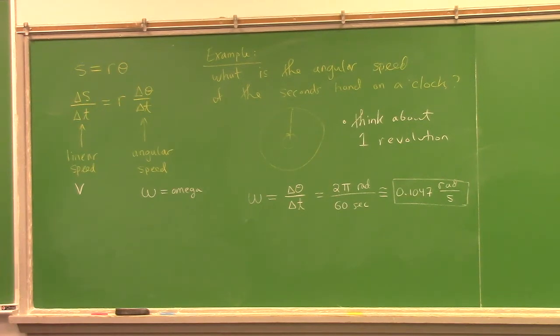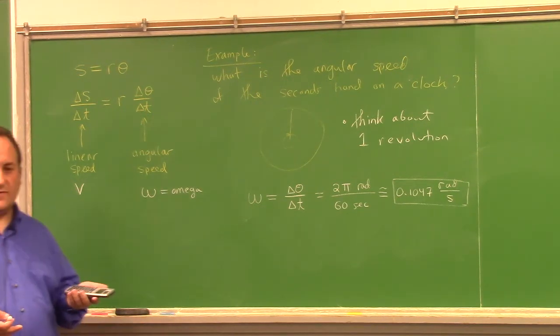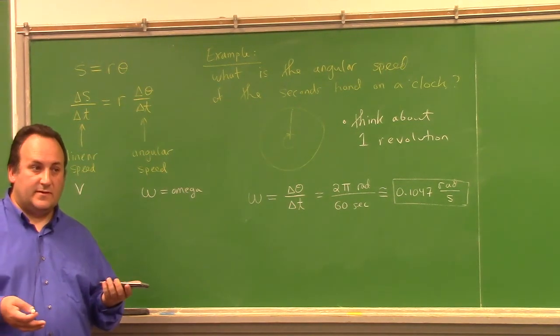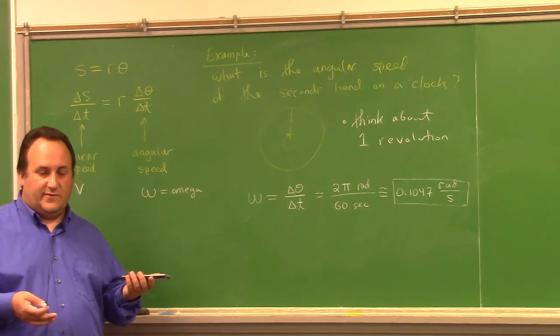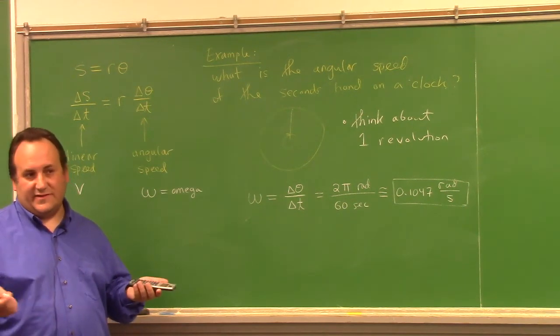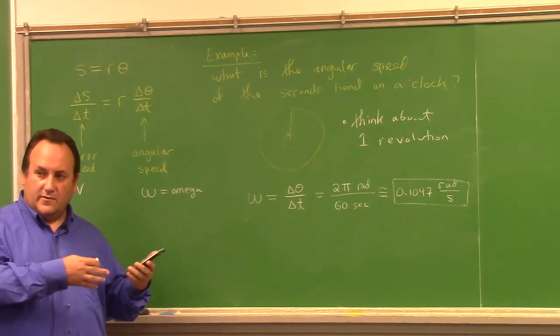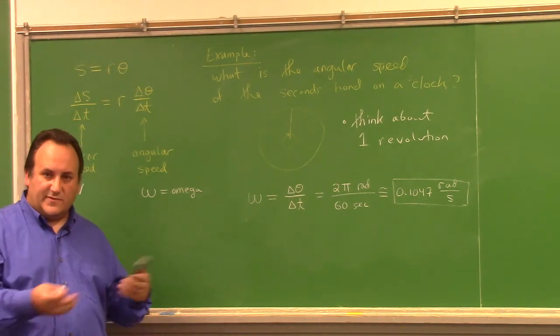What are other popular units that people use for angular speed descriptions? I think the most common one would be revolutions per minute, or RPM. If you have a tool, you might have a drill that does 30,000 RPM. How would you convert revolutions per minute to radians per second, or vice versa?